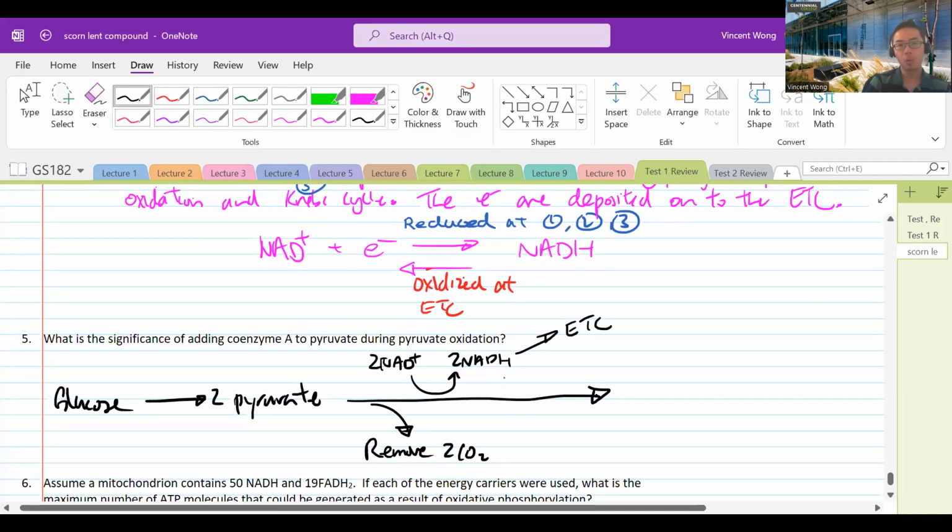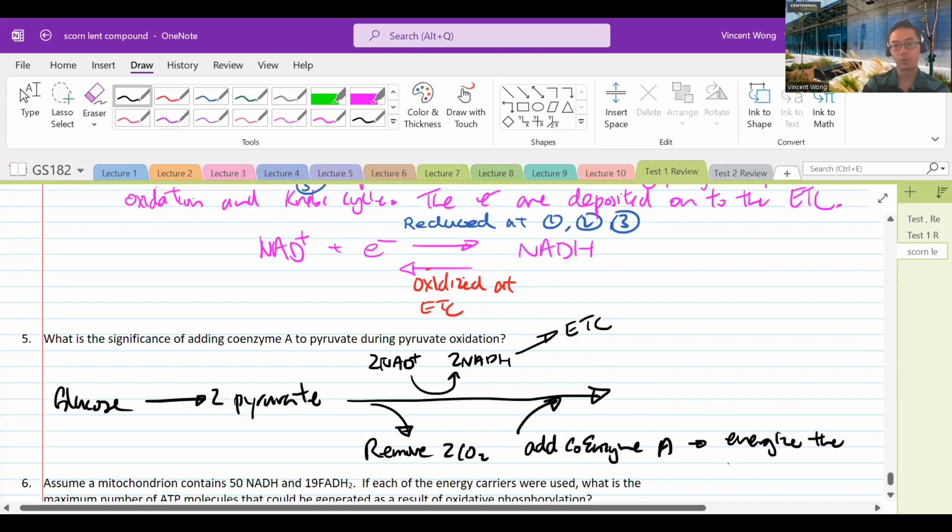But by this point, the molecule is kind of low in energy because we have been creating so many ATPs from it. We have been extracting electrons from it. So it needs a little boost. It needs to be re-energized. And that's why we're going to add the coenzyme A. That will recharge the molecule.